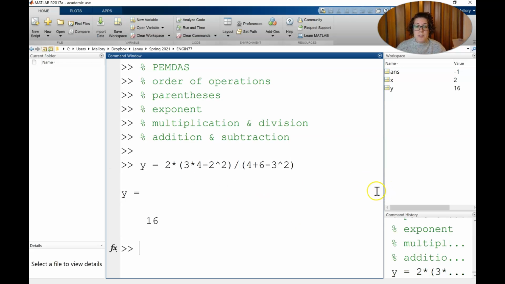And that's equal to 16. An area where I often see mistakes in folks' labs is forgetting these parentheses around that bottom portion.